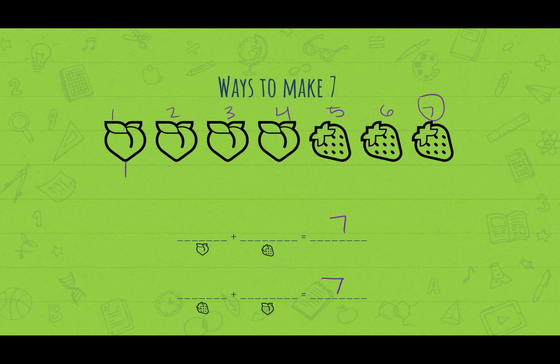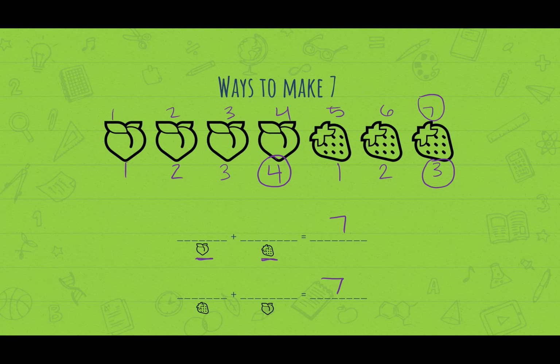We have 1, 2, 3, 4. We have a group of 4 peaches, and we have a group of 1, 2, 3 strawberries. 3 strawberries.